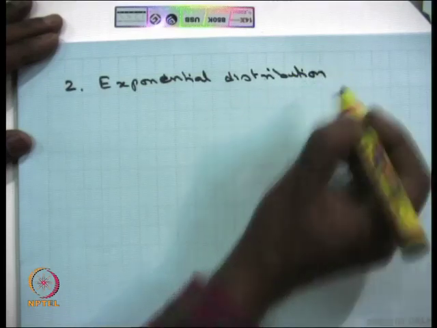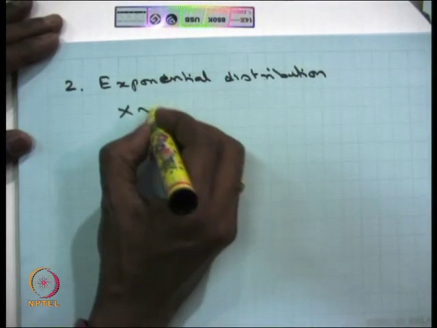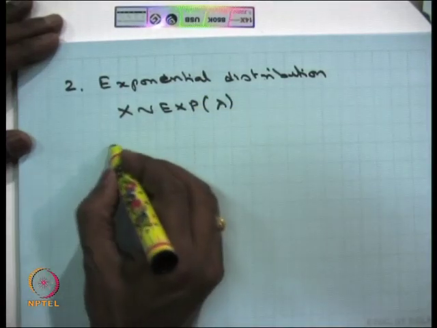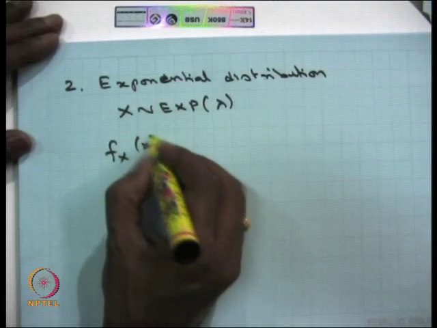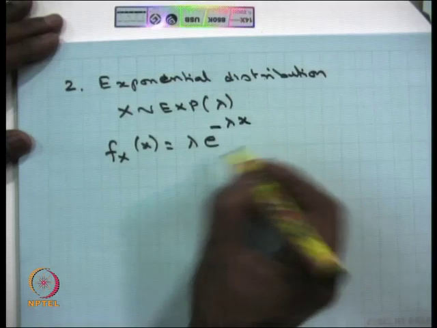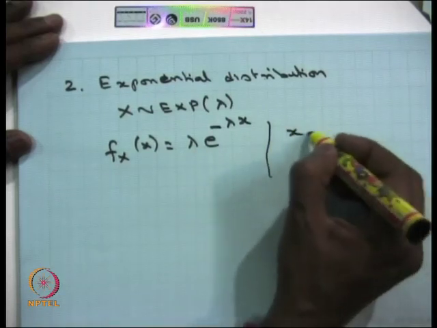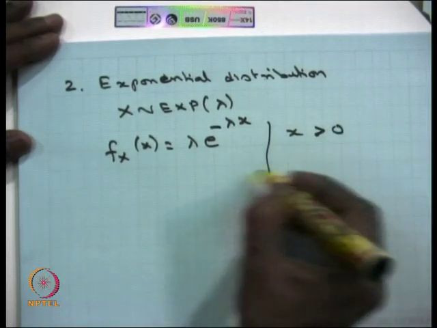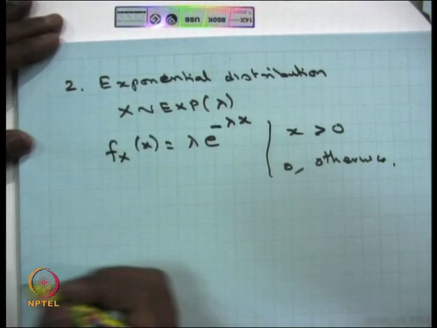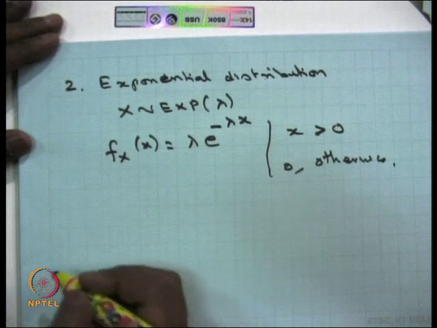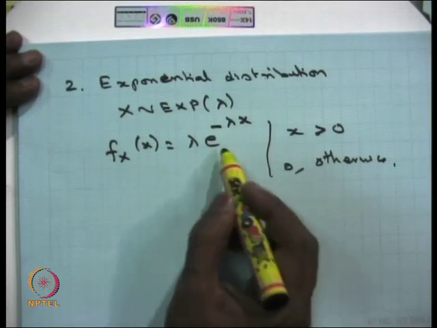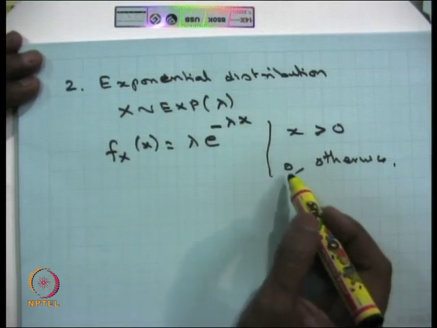When we say the continuous random variable x is exponentially distributed with the parameter lambda, the probability density function for that random variable is lambda times e power minus lambda x for x greater than 0, and 0 otherwise, where lambda is greater than 0. That means within the range 0 to infinity, f of x is lambda times e power minus lambda x, otherwise it is 0.